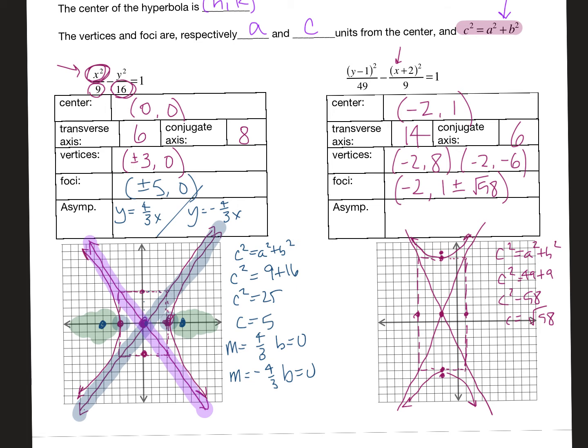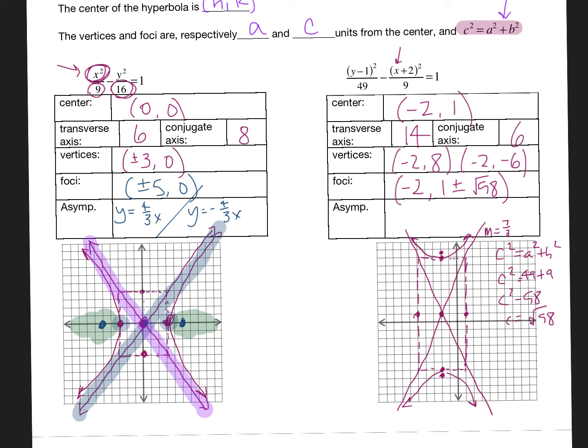Now I'm going to need to erase some stuff so that I have room to find the asymptotes. Just give me a really quick second. Okay, now I'm going to come up with the equations of the asymptotes. The positive slope on this line, the only one that has a positive slope, is, let's see, 7/3.